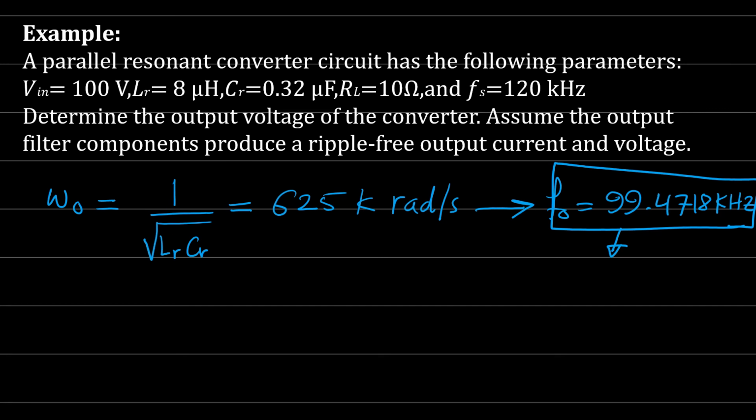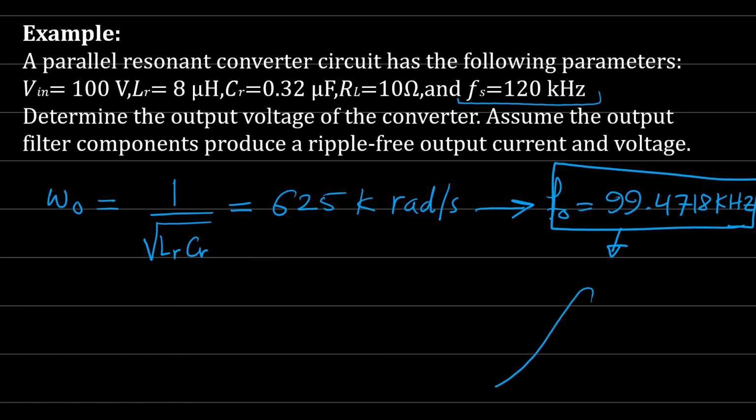But the question says we are operating at 120 kilohertz. So we expect that we are operating at a frequency greater than the resonant frequency, so the converter is inductive. Inductive converter, not resonance. Also the output voltage is not the maximum, it is something less than the maximum value.